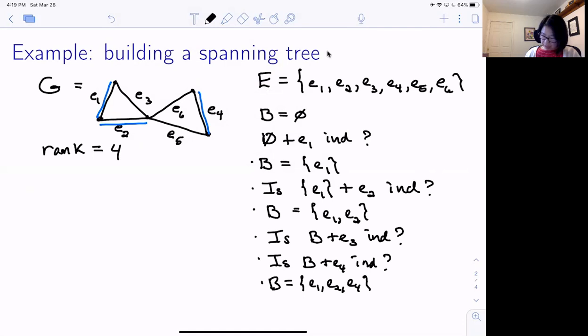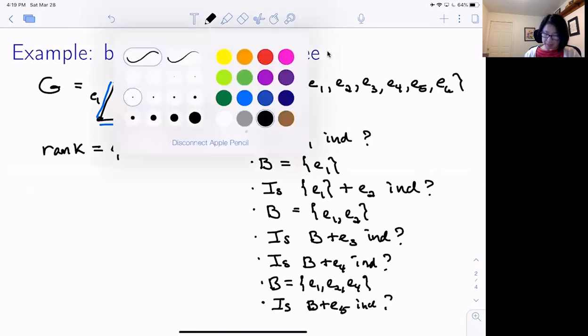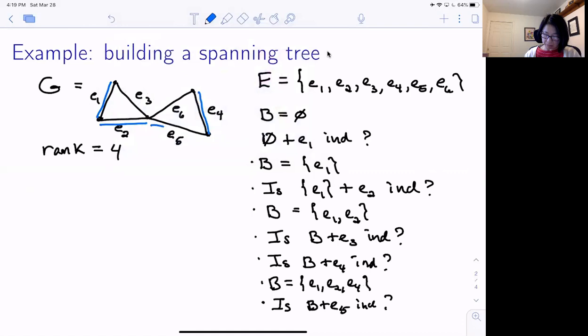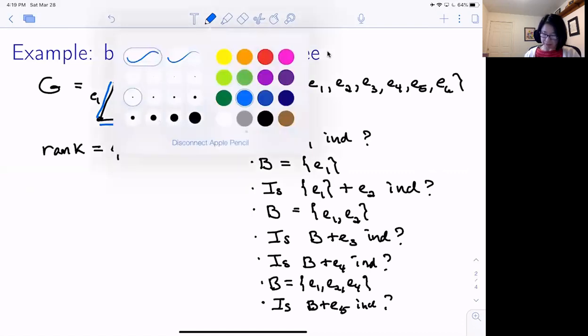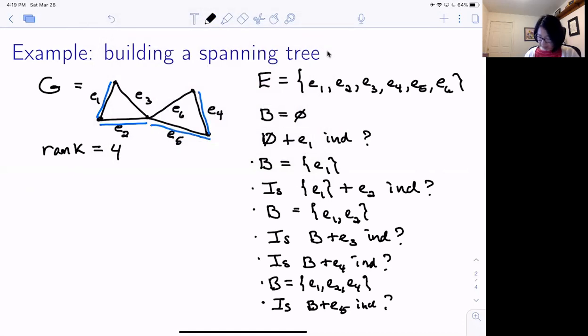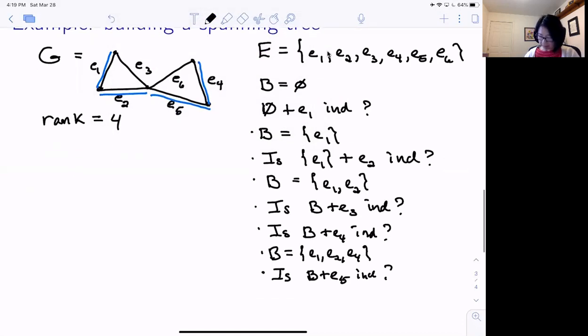And then finally, I ask, is B plus E5 independent? It is. So the algorithm would throw the edge E5 into the graph. And so B equals B plus E5.